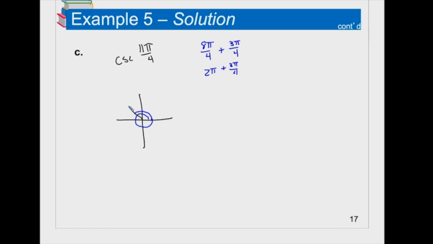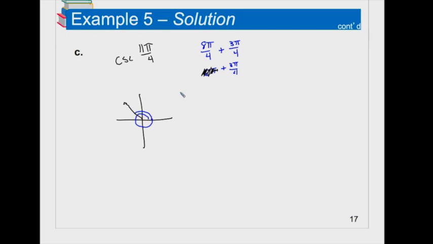So this is what I'm looking at here. Now, the question is, how far did I go? What is my reference angle? I can neglect this part because it really didn't matter. It just rotated the entire thing around once, and that's not a big deal. I'm really only caring about 3 pi over 4.